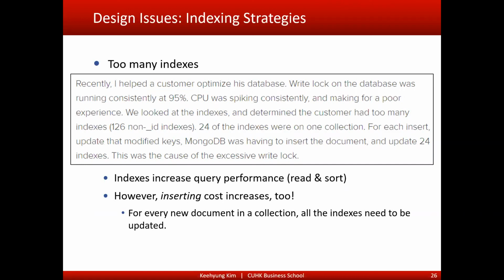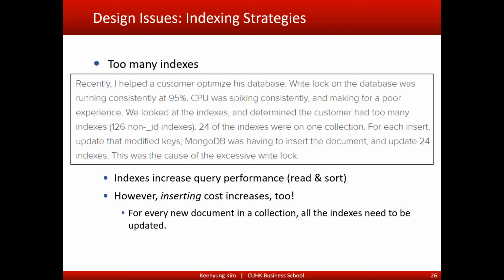So he shared his story about this. If I go through it together, he said that recently he helped a customer optimize his database. When he examined the customer's database, there was a write load that was running consistently at 95%. So basically, the CPU was spiking constantly, making for a poor experience.